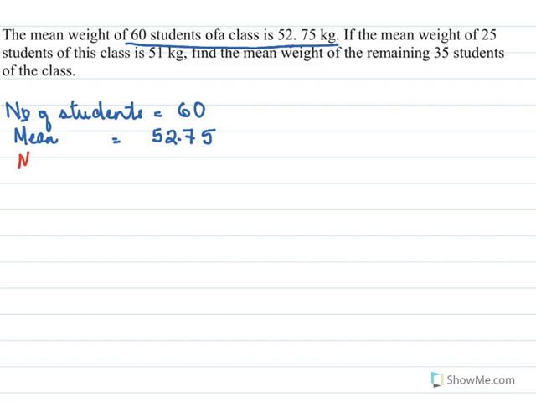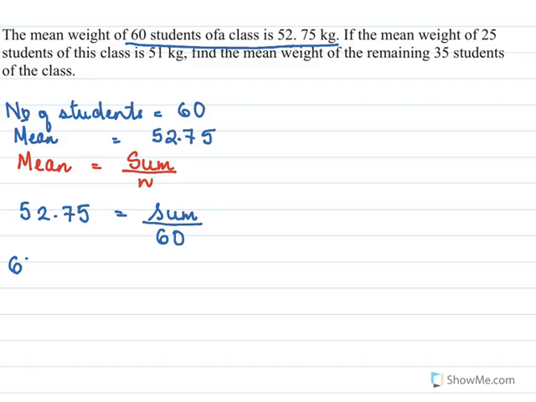So we find the sum. So we know mean equal to sum over number of observations. So we have the mean is 52.75. The sum we do not know. So number of observations here are 60.